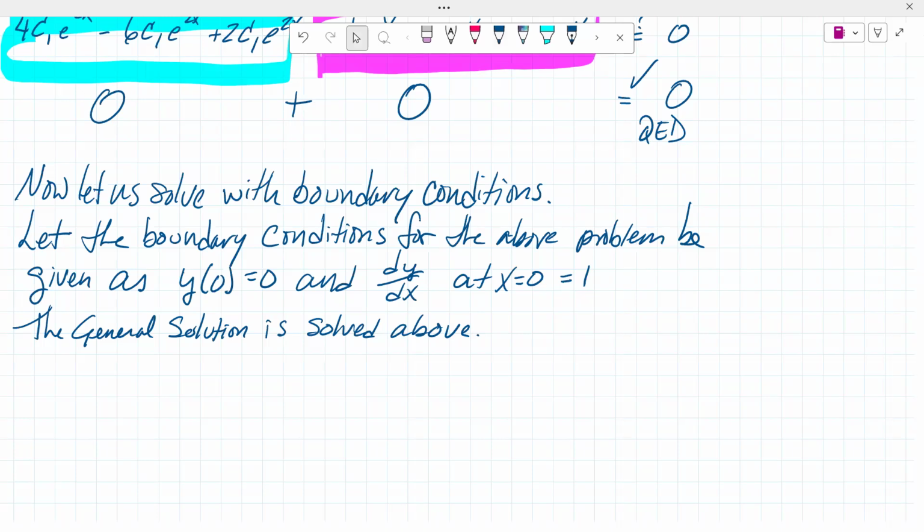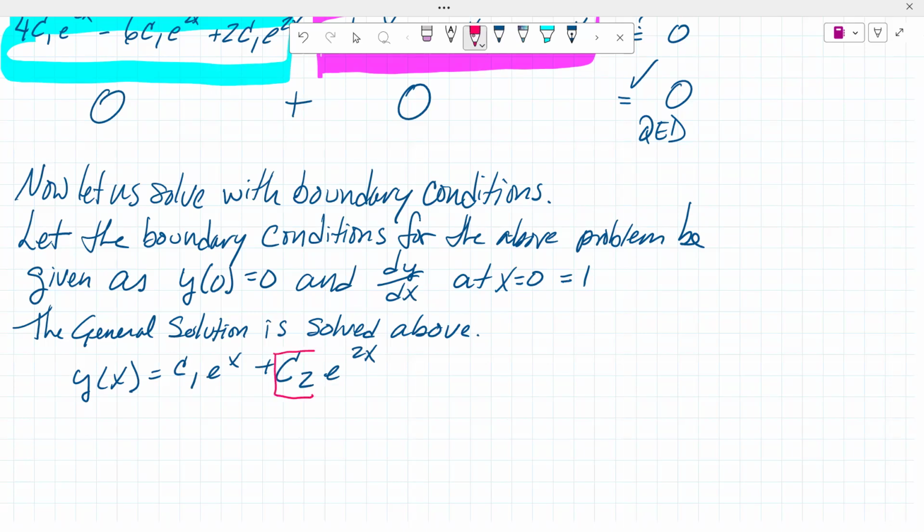All right, so here we go. We got y of x equals c1 e to the x plus c2 e to the 2x. Notice that it has the c's.